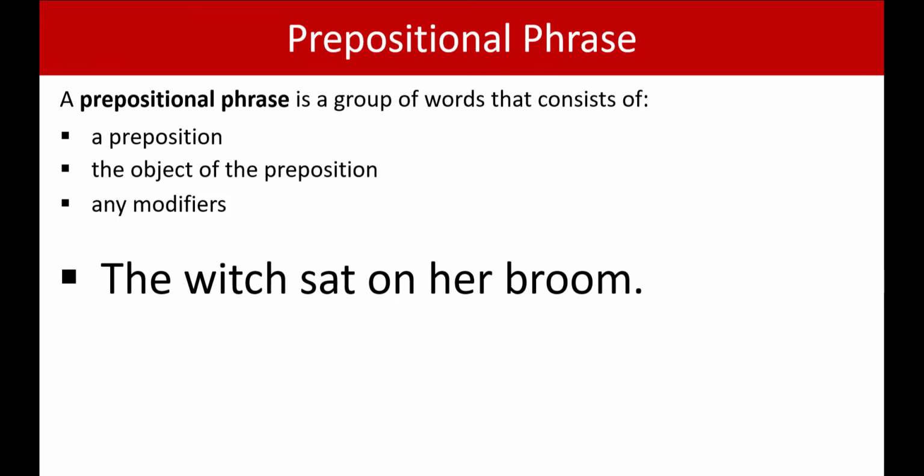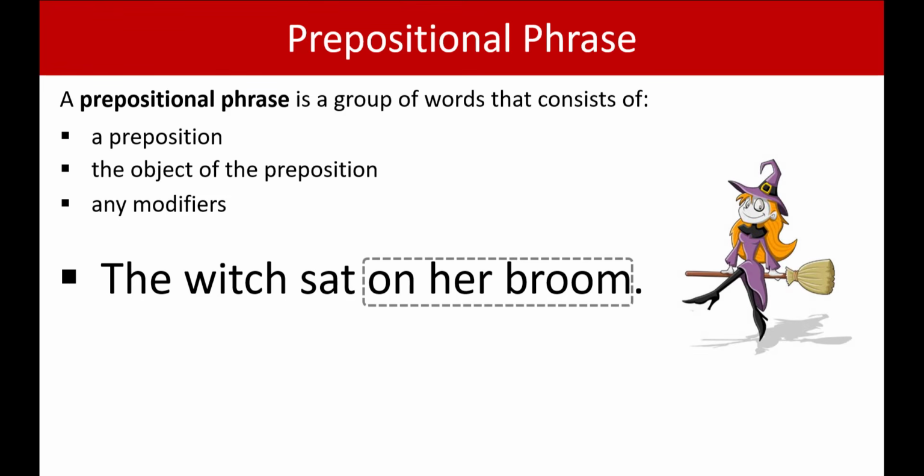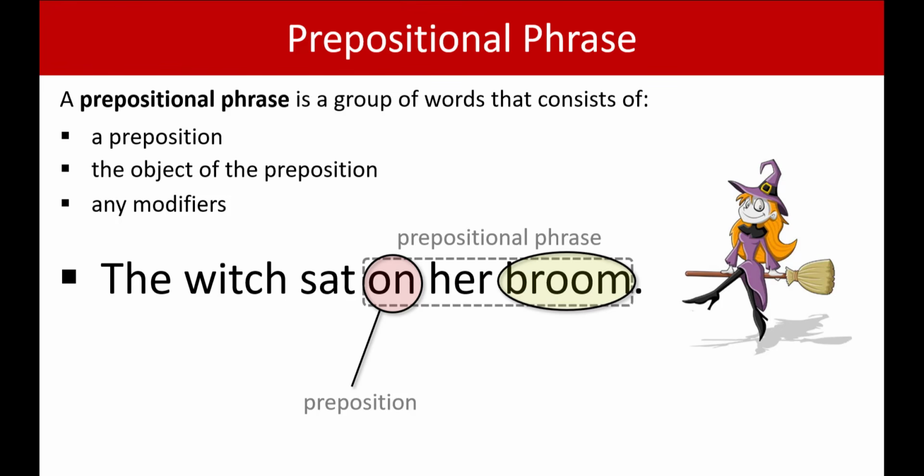The witch sat on her broom. On her broom. That is the prepositional phrase. On is the preposition, and broom is the object of the preposition. The word her, which describes broom, is a modifier. It's part of the prepositional phrase.